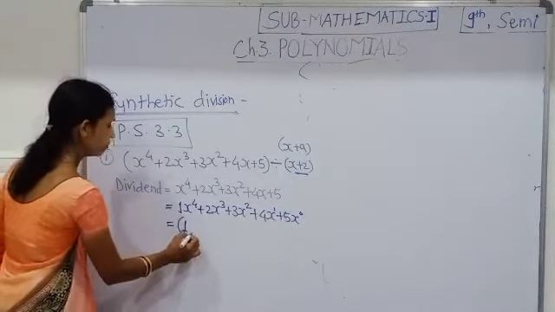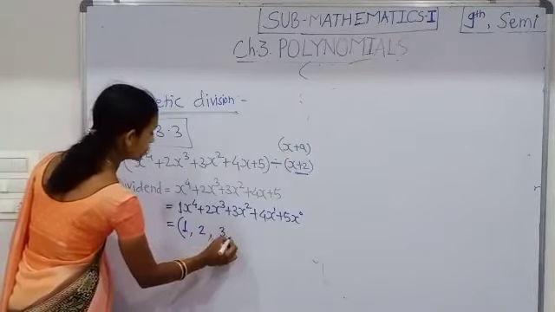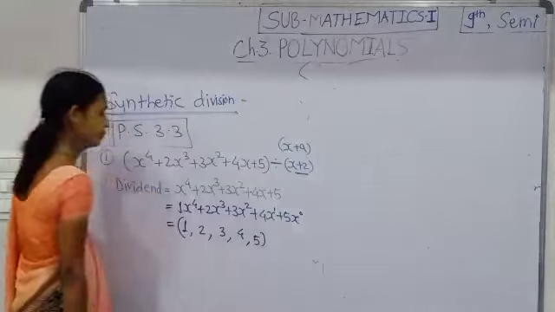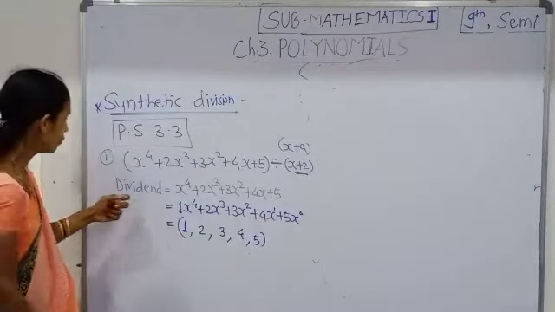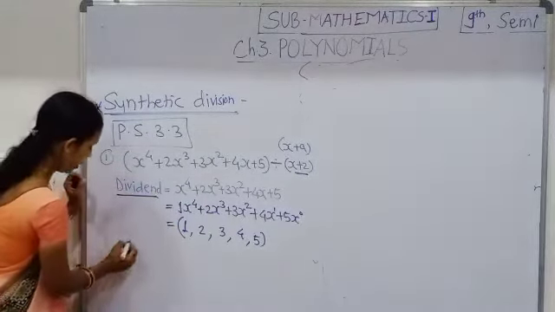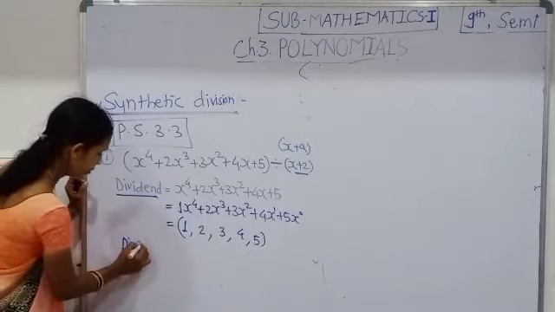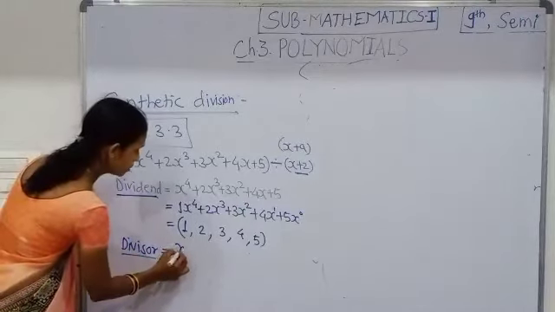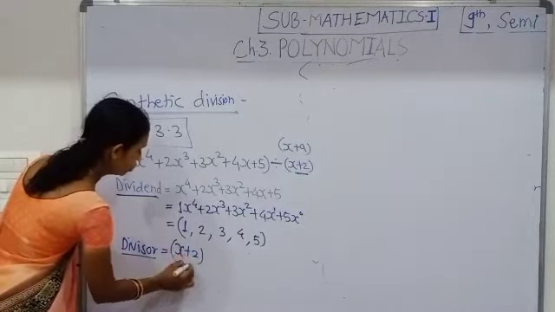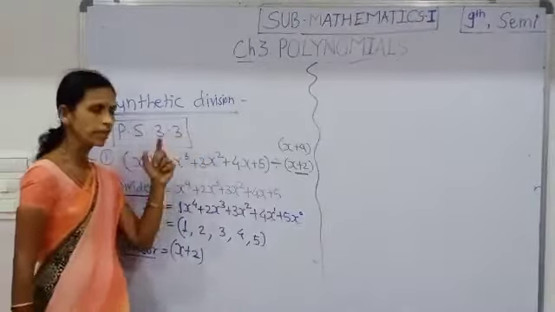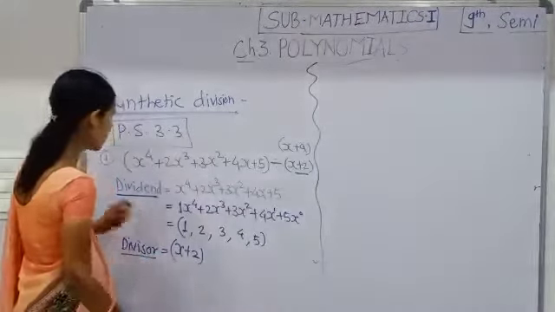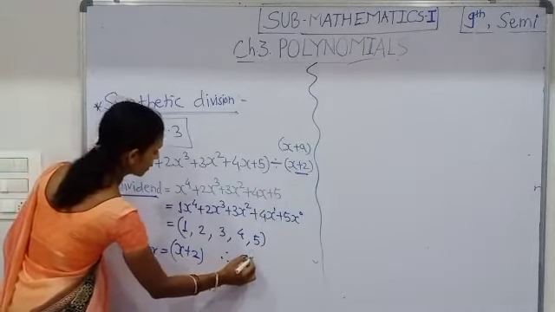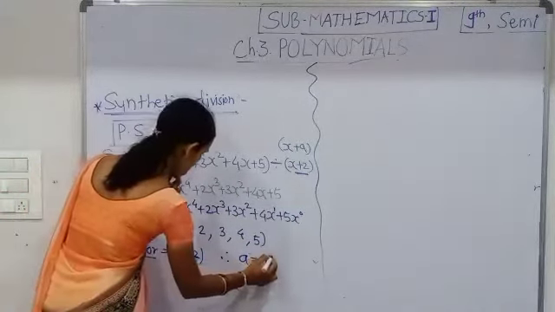That is 1, 2, 3, 4 and 5. That is the coefficient form of the dividend. And here the divisor, which is given, that is x plus 2. We can solve this example by the synthetic division method. Therefore, here plus 2 is there. Here we get a equals minus 2.